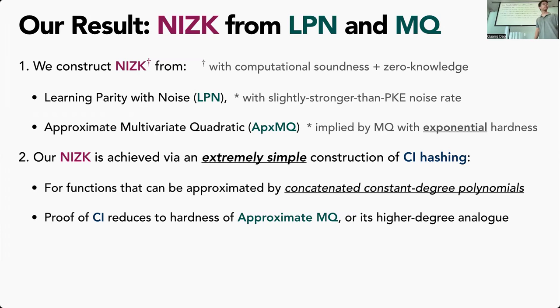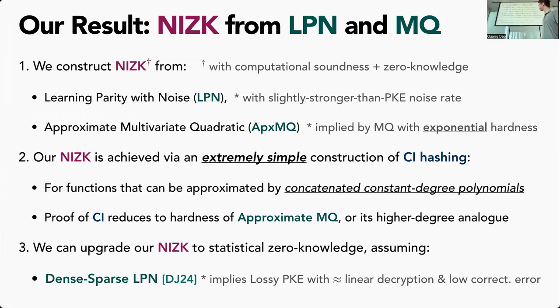So basically, after building CI hashing, is the technique from CI hashing to NIZK already known, or do you need to do it? It's already known, and we just need to make an observation, essentially. So this approximation thing, is your technique similar to this Dense-Sparse paper? Yes, we'll follow that template.